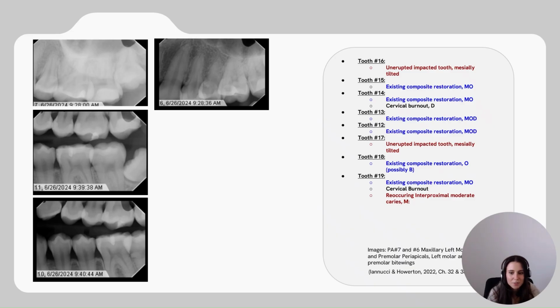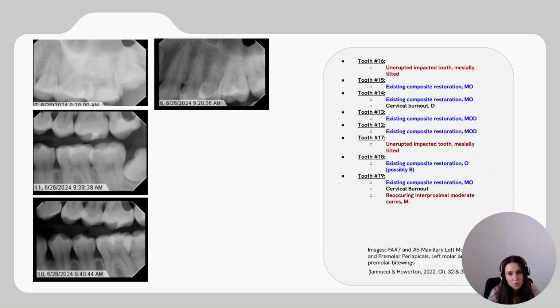Continuing with the identifications, for tooth number 16, there's an unerupted impacted tooth, which is also mesially tilted. For tooth number 15, I found existing composite restoration on the mesial and occlusal surfaces.